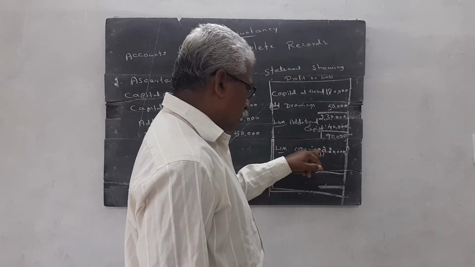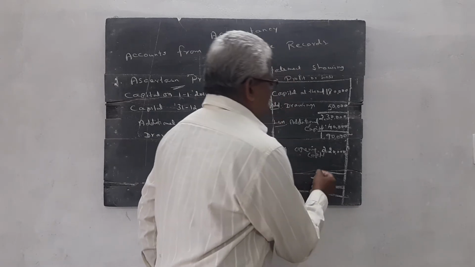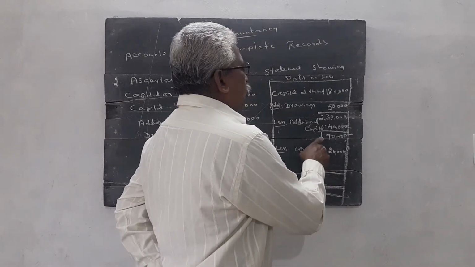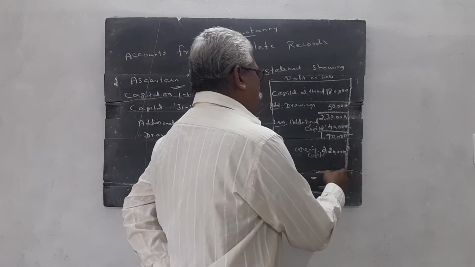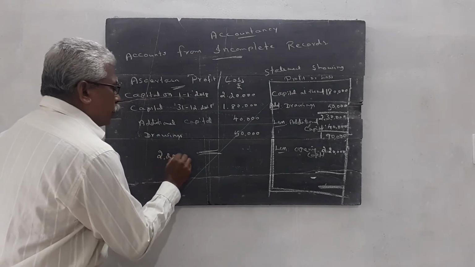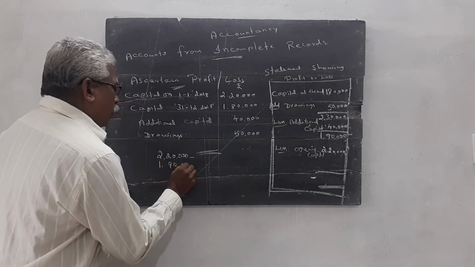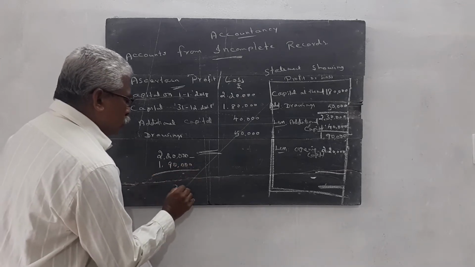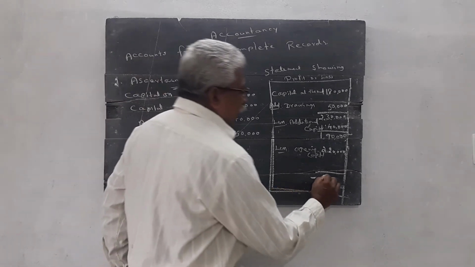Here, we can get the minus answer. We are not able to subtract 1,90,000 minus 2,20,000. So, we have to subtract the lowest amount from the highest amount. 2,20,000 minus 1,90,000. We can get 30,000 rupees. Here, we write minus 30,000.